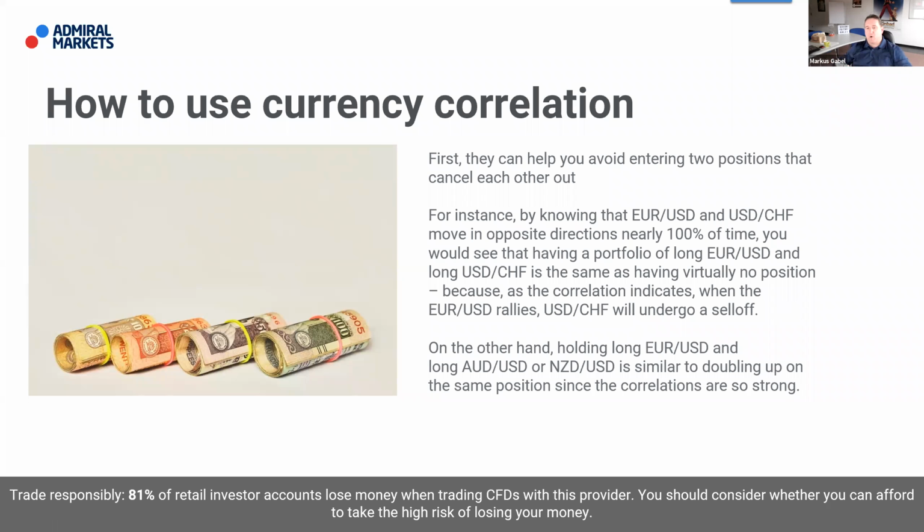On the other hand, holding EUR/USD and long AUD/USD or NZD/USD, then it's similar to doubling up on the same position, since the correlations are so strong. Because the second currency in the pair is always USD. And if you have a weaker USD, most of the time USD is weaker against almost every other currency.